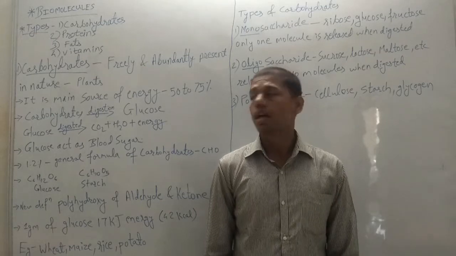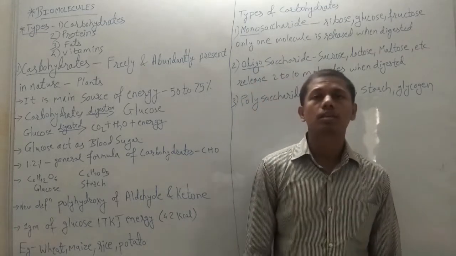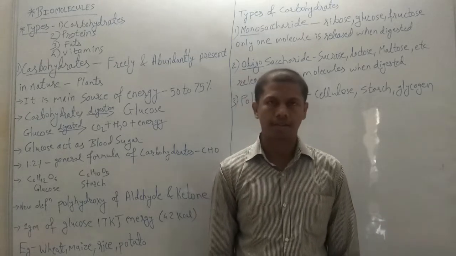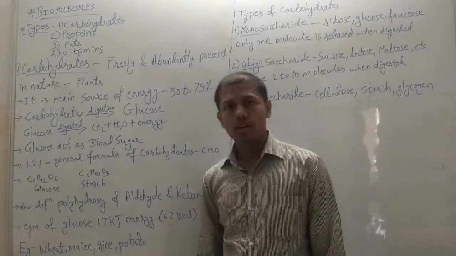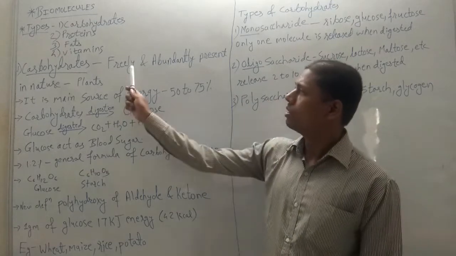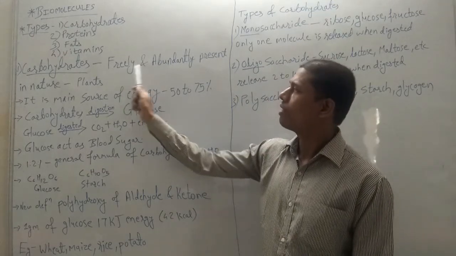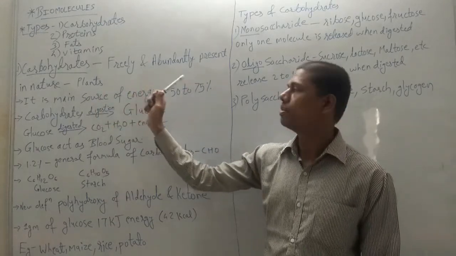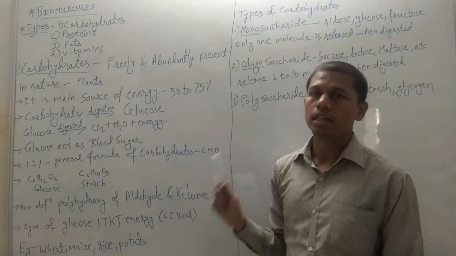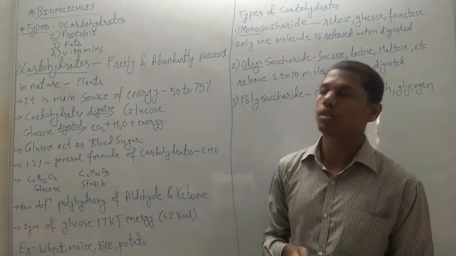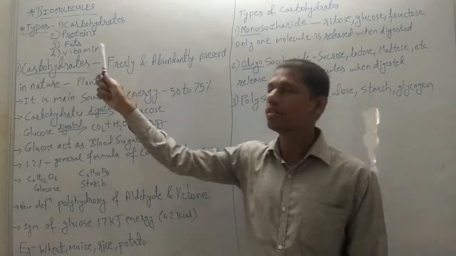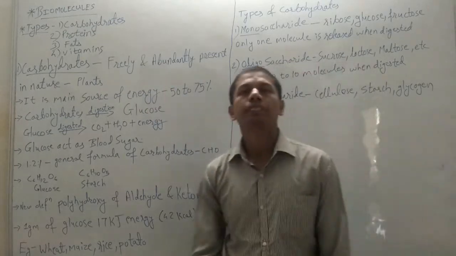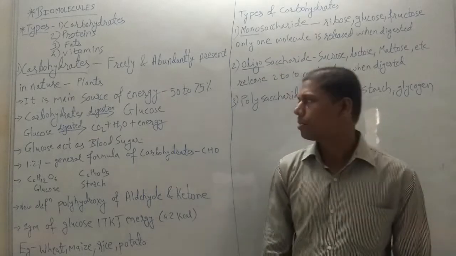What is cellulose? Cellulose is nothing but a carbohydrate present in the cell wall of the plant. So we can say they are freely and abundantly present in nature. And other types of carbohydrates are also present in plants.